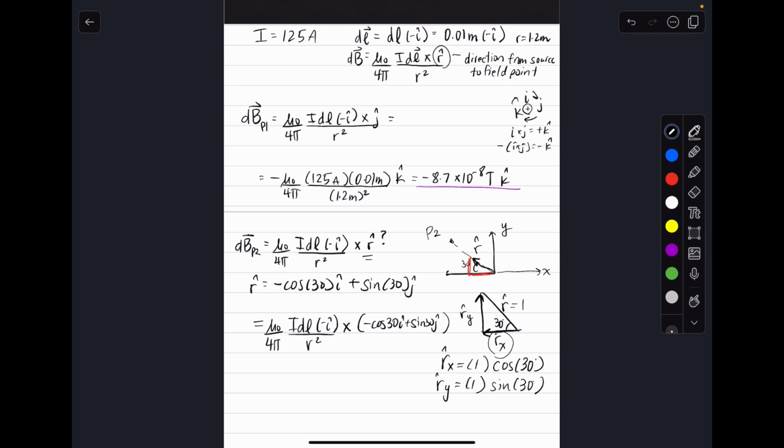Okay, let's distribute. So when we distribute that, we're going to have two terms. We're going to be crossing mu naught over 4 pi I dl over r squared, negative I hat with I hat. Okay, or technically it's negative I hat with negative I hat. Either way, it gives us a 0, right?